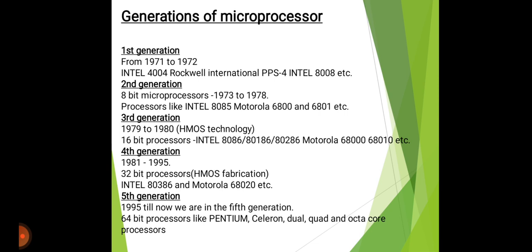In this generation, 64-bit processors like Pentium, Celeron, dual core and octa-core processors arrived. The fifth generation duration is from 1995 till now; we are in the fifth generation.